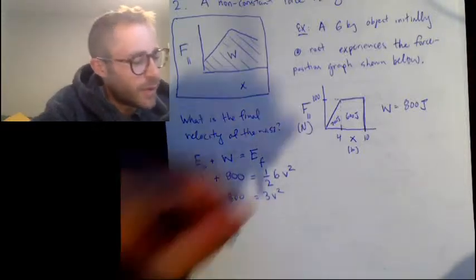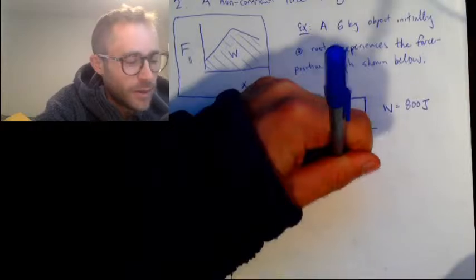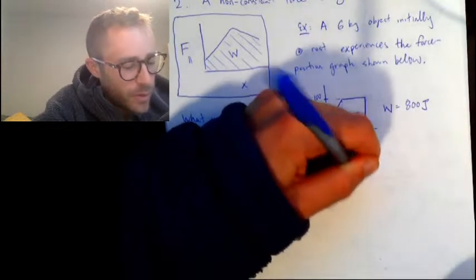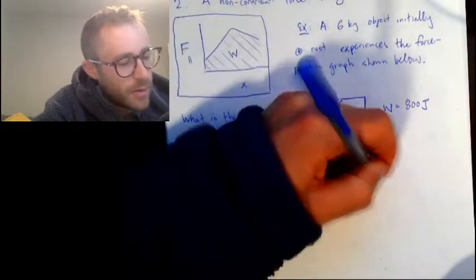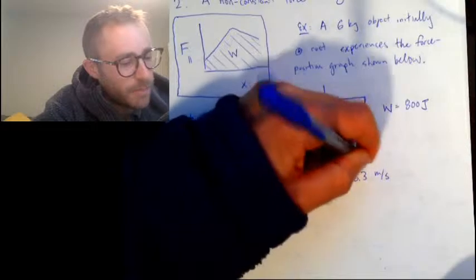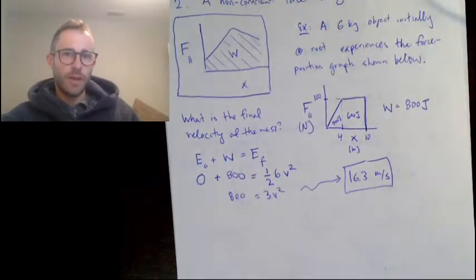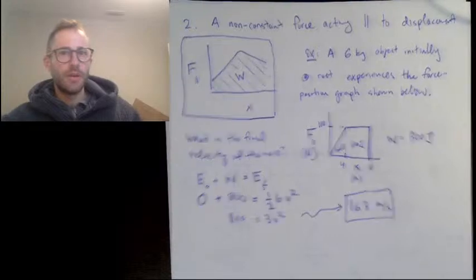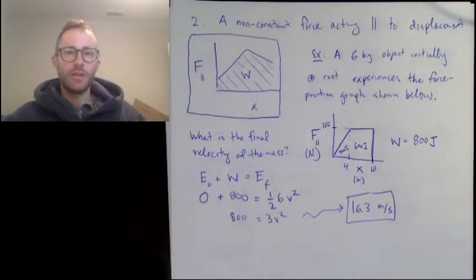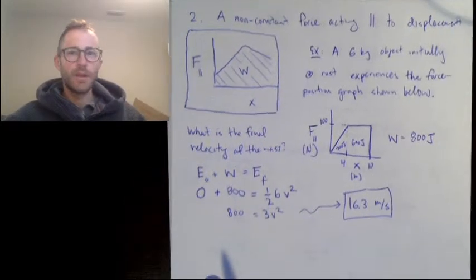And we get that the final velocity is going to be 16.3 meters per second. Okay, so that's the second way of calculating work, if you have a non-constant force acting parallel to the displacement.